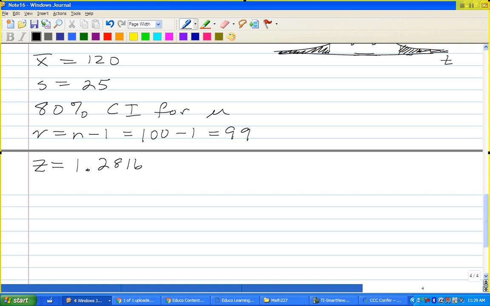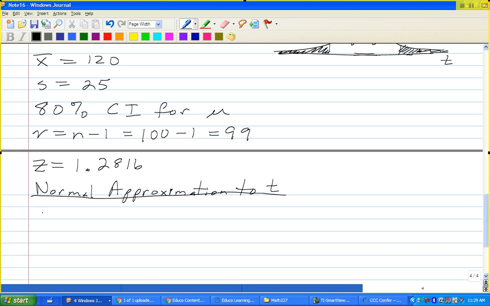So that would be the corresponding z value. Now I can use the normal approximation to approximate what t is.